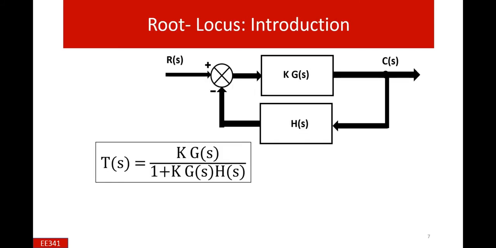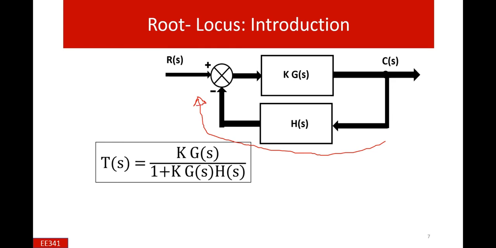A few parts of the lecture are just a review from the previous one. We have a closed loop system, where the loop is completed by feedback, and this feedback is negative feedback, which we usually use in our control systems.